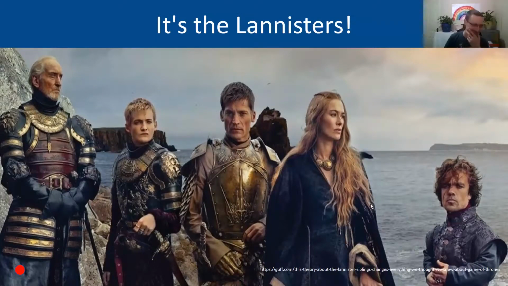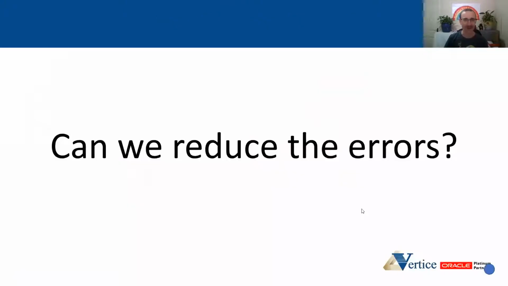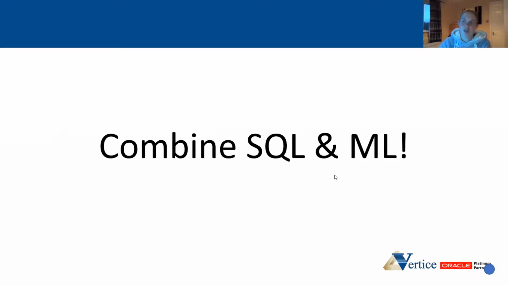Okay, so we're doing pretty well here, but I think we could do better, right? Yeah, I think we can do so much better. So, Chris, if we combine your SQL with my machine learning, I wonder if we're going to do better. I think it's worth a try. Let's see.